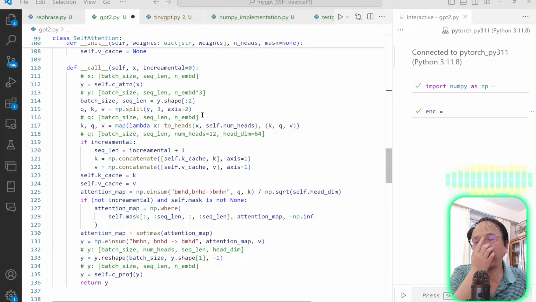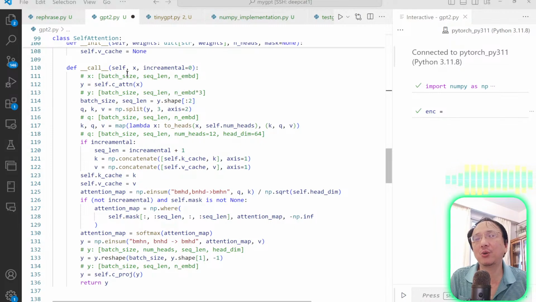First, when we get an input, we use C attention to get Y. Our input will have a batch size, the sequence length, and the dimension of embedding. This is our input vector. Then we do the self-attention and get KQV, so the size becomes n embedding times 3.